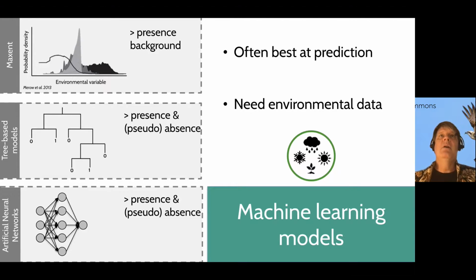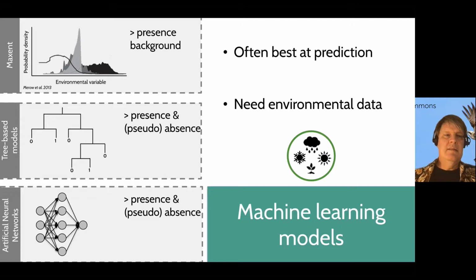Often these models are best at predictions, and especially if you don't really have a good understanding of everything that's involved in where a species might be distributed, you're going to get a better answer with a machine learning model than you will with most other models generally. Not always.